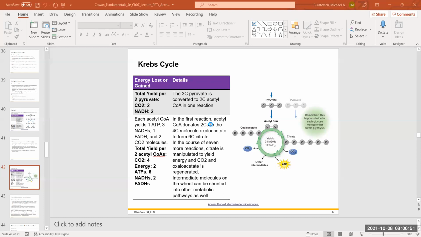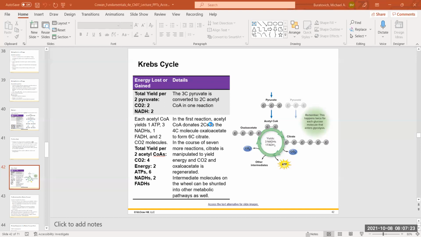We have 2 NADHs. Then we look at the pyruvate dehydrogenase catalyzed reaction. We're going to get 1 for each reaction, but for every pyruvate that's fed in, we're going to have to run this reaction twice. So that's 2 times 1. So that ends up being 2.